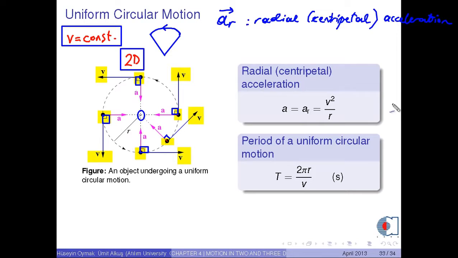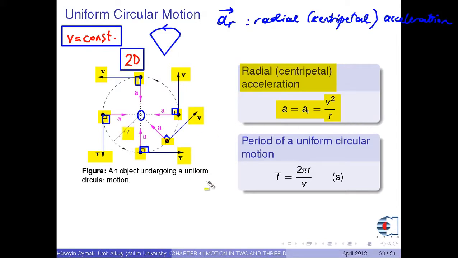We shall show shortly that the magnitude of this radial acceleration is given by a = a_R = v² / r, where v is the speed of the object and r is the radius of the circular path.